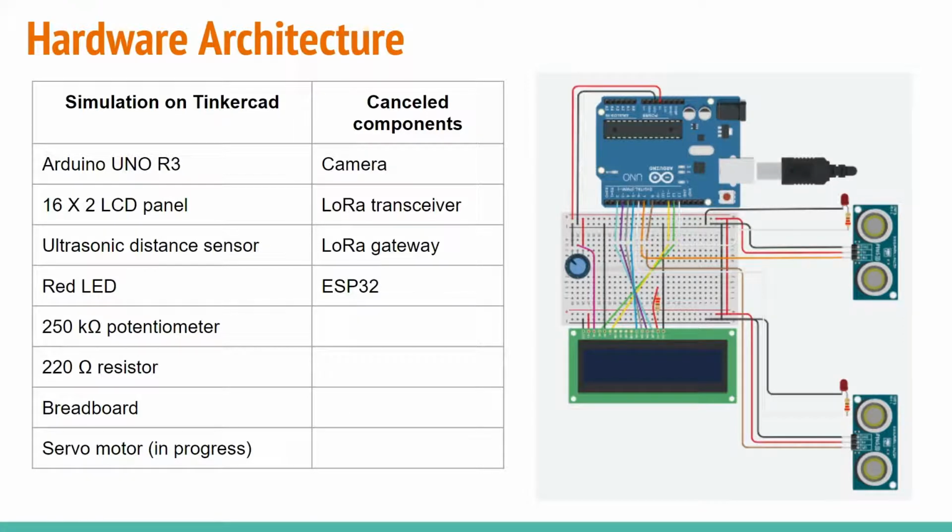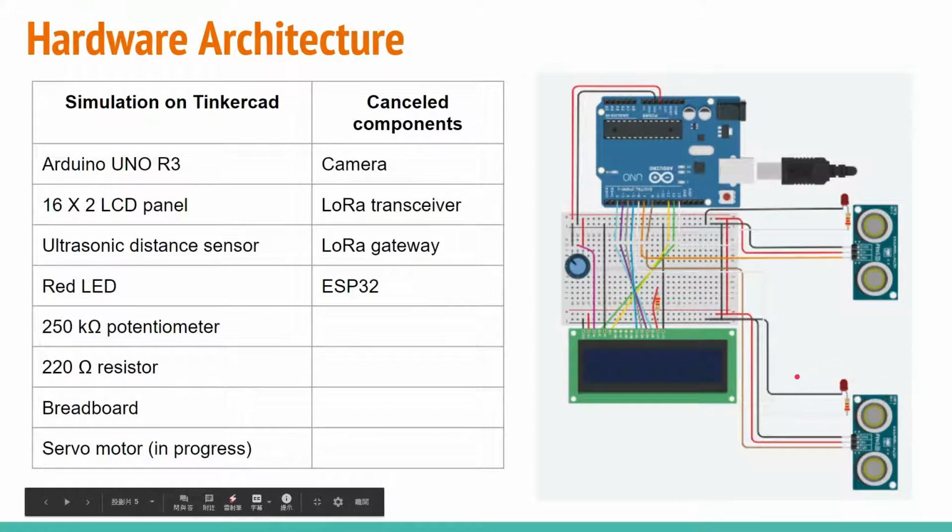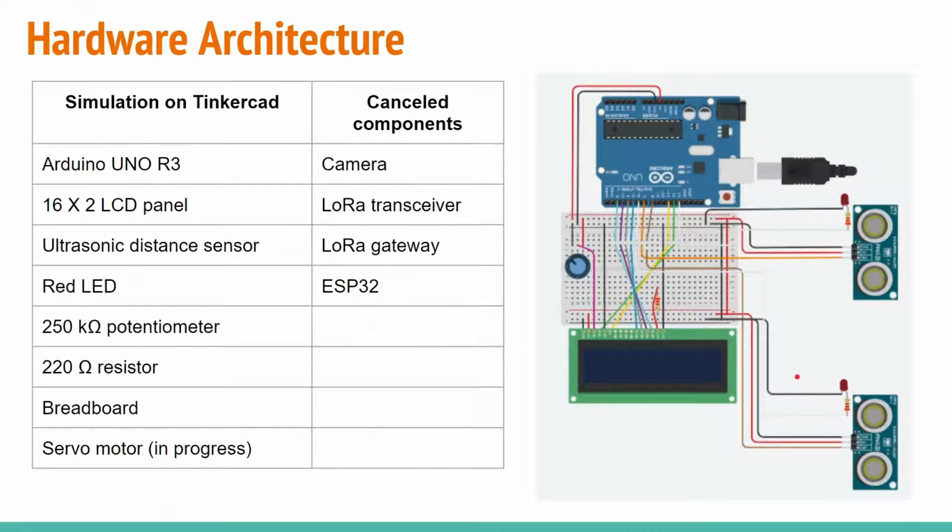An LED will be used with the signal from the sensor to determine the on-off operation. Resistor, potentiometer, and breadboard are also used to complete the circuit. Servo motor will be inserted into the circuit in future tasks.